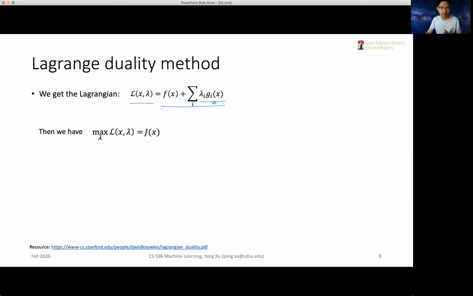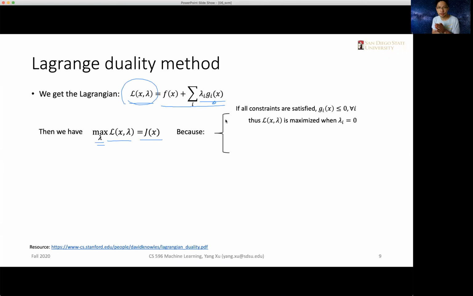Then we can realize that if we maximize this Lagrangian with respect to lambda, not with x, but with respect to lambda, it will result in the auxiliary function J. Because if all constraints are satisfied, then the g's are negative values. Then in order to maximize the Lagrangian, we need to have lambda be all 0, so all these terms are gone, and only f of x is left.